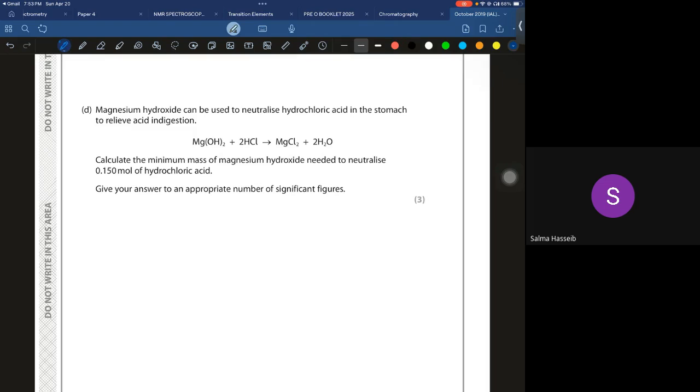Okay, HCl and Mg(OH)2, right? The ratio is 2 to 1. I can see the moles, that is 0.15.